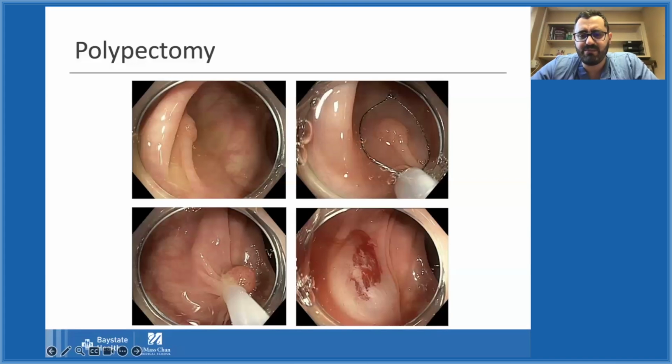Sometimes patients can have some bleeding, like you can see in the right lower corner, but usually the bleeding stops on its own. We use this cold snare technique for polyps that are really small, less than 1 centimeter or 10 millimeters.